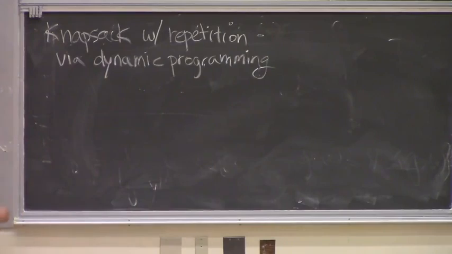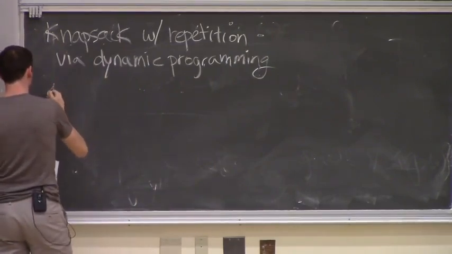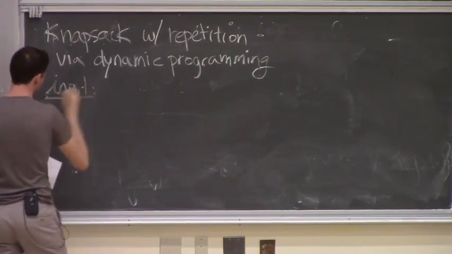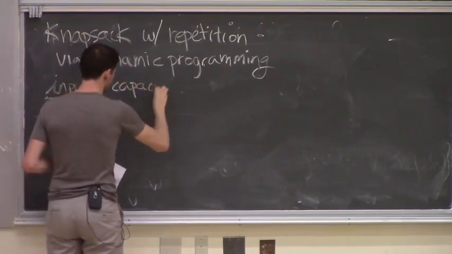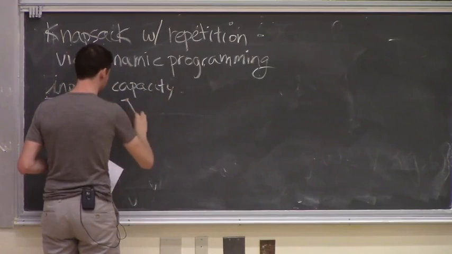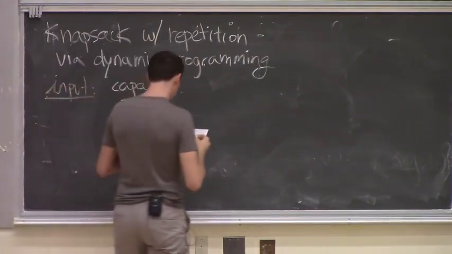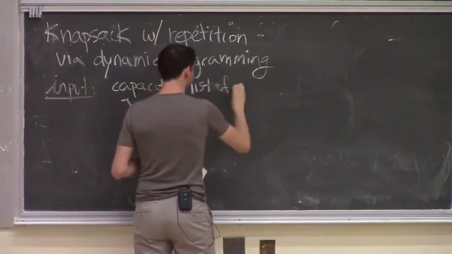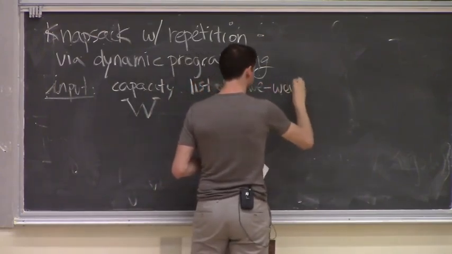All right. So let's just specify the problem in a general form so that we have it. The input is going to be some capacity for the knapsack. Let's call this capital W for big weight. And then we're also going to get a list of value and weight pairs.